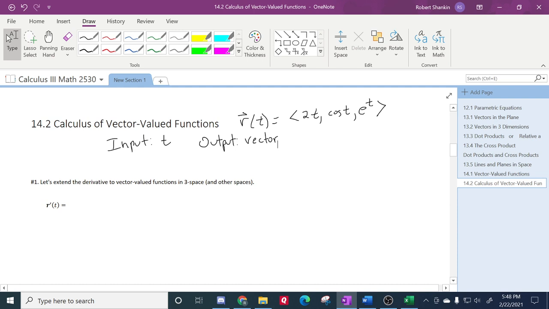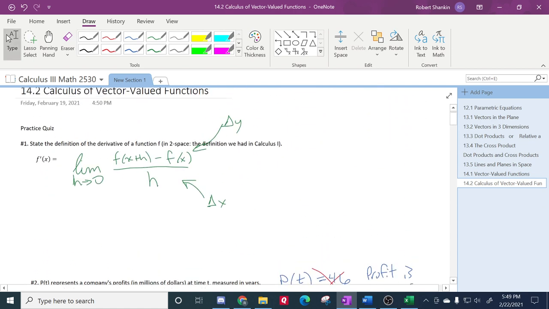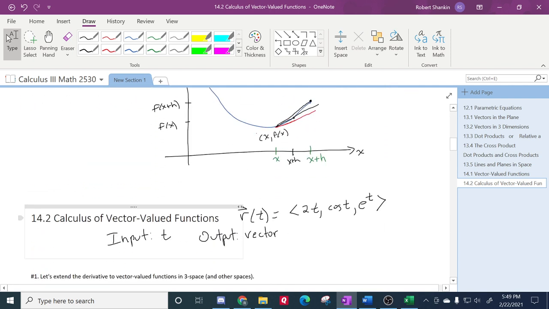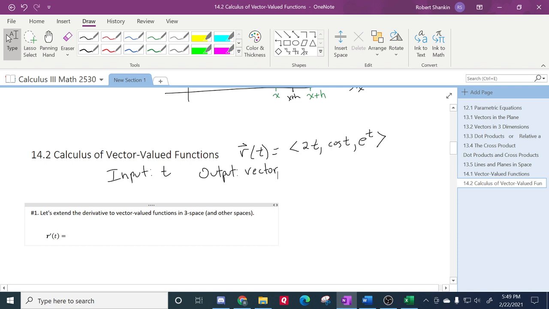And I want to just kind of open the floor. Anybody have a suggestion on how this might start out? So don't look in your book on how it goes or anything, but let's just think. If this is the derivative of a general function in 2 space, how might we extend it if this is a vector?